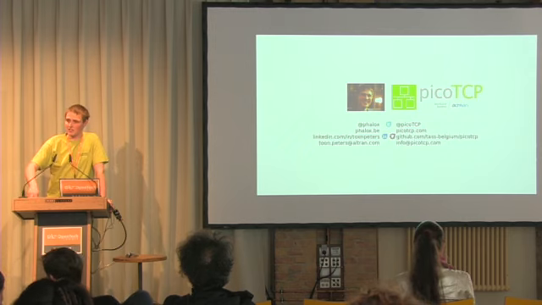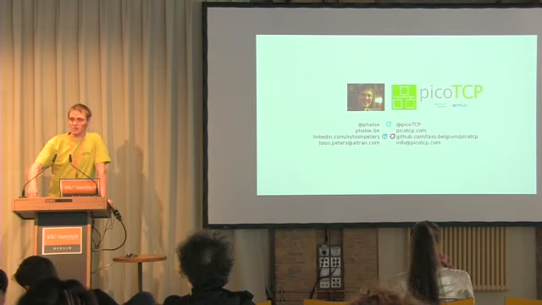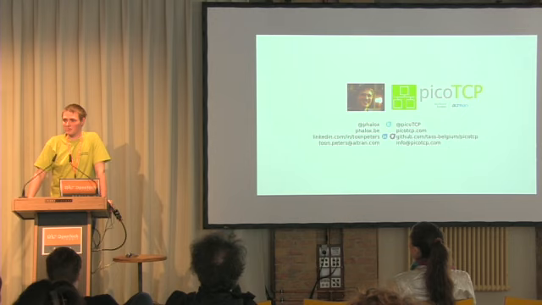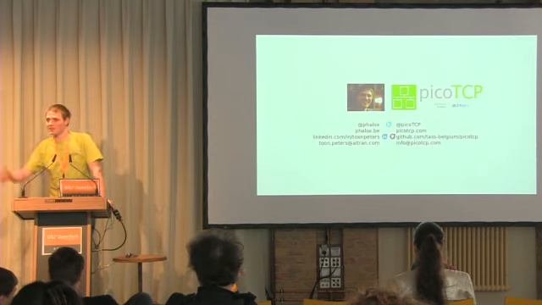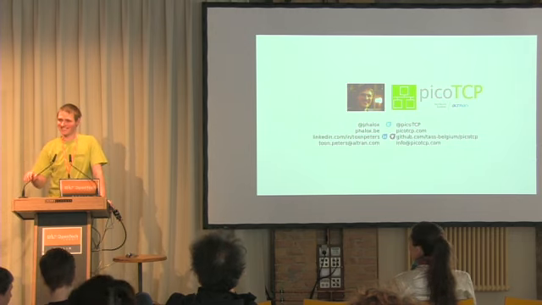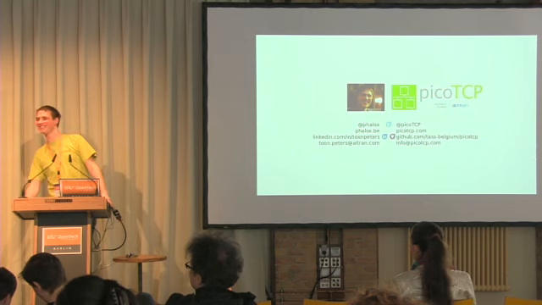You have the dual stack feature. That was something that was designed in picoTCP, that you can run them both at the same time. And with LWIP, it's more of an afterthought. Or did that answer your question? Everything clear? Okay, thanks.